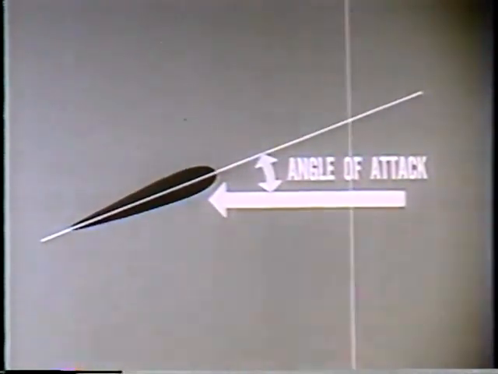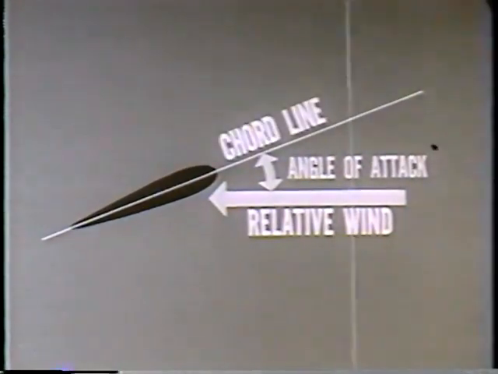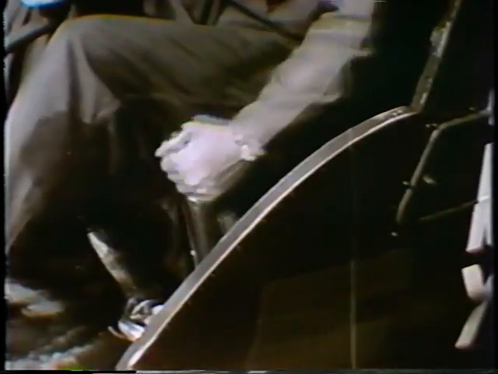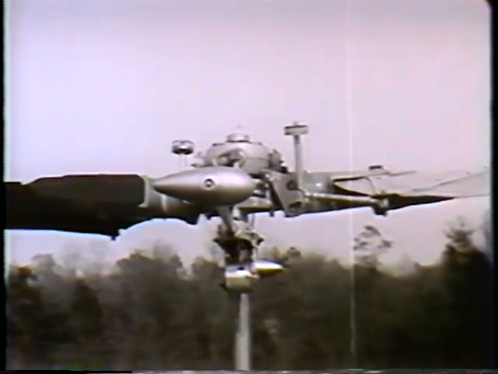Angle of attack is the angle between the relative wind and the chord line of the airfoil. There are two ways to vary angle of attack. Applying collective pitch changes it equally on all main rotor blades in all positions.